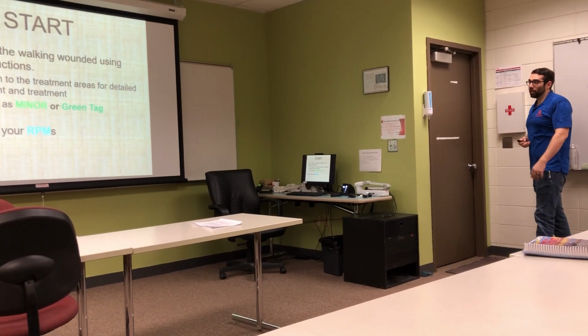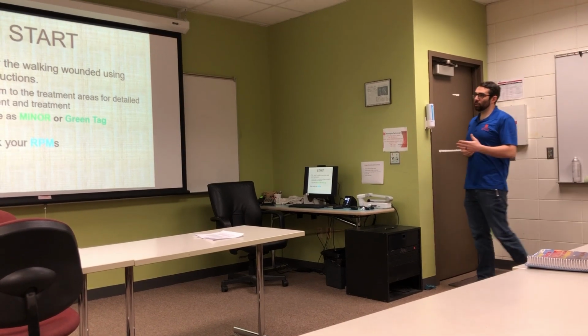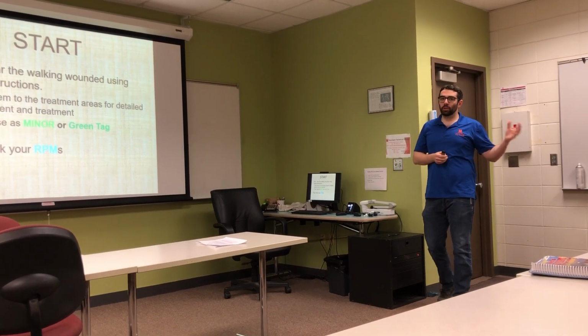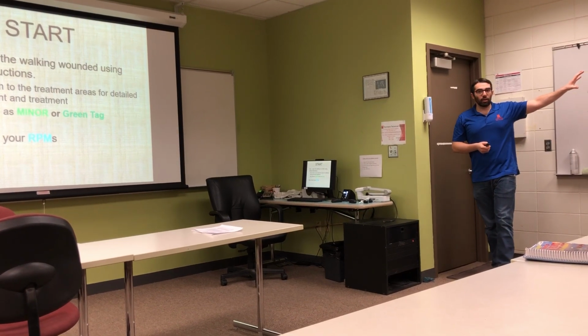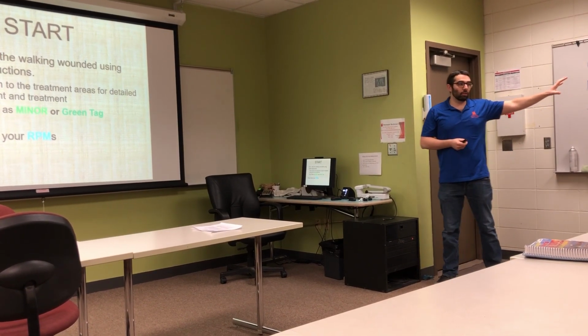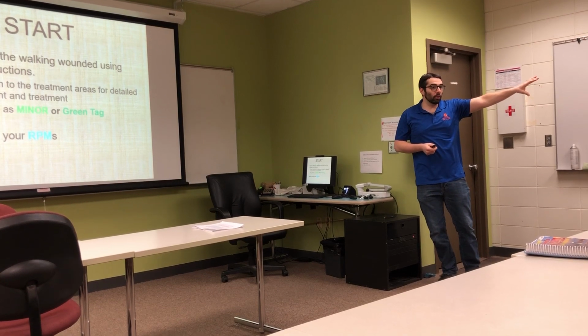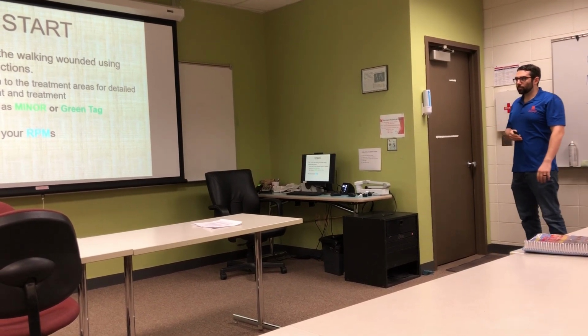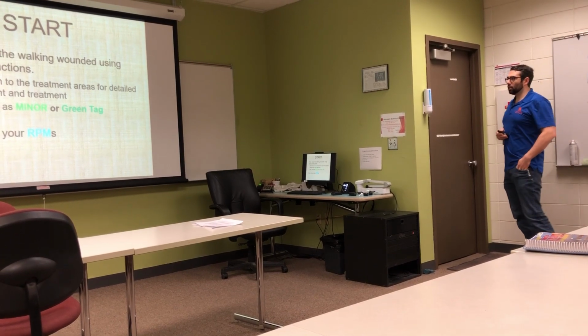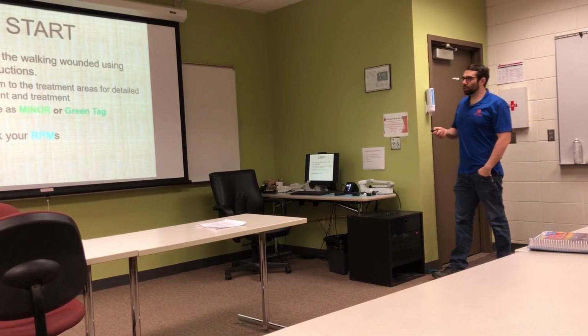So we're going to direct them to either a treatment area for the detailed assessment and treatment. Hopefully, if the treatment area is close by, you can just tell them to walk over to that tent. If not, you could also say, hey, hang out by this tree. Everybody who can walk, just stay here by this tree. Whatever you need to do to get it done. So you're going to tag these as green tags.